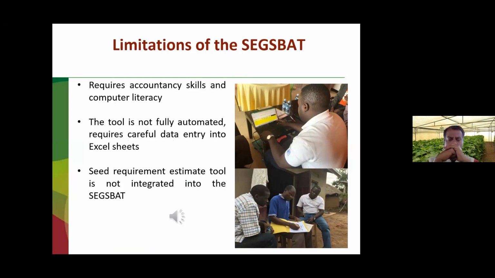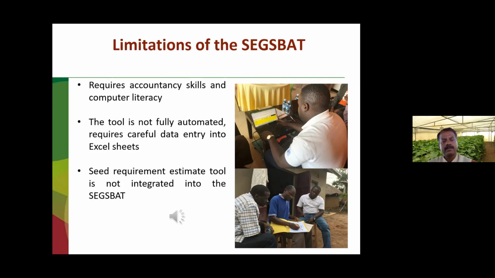Since it is version 1, the very beginning stage, it requires a lot of accountancy skill to handle this tool. And the tool heavily utilizes Microsoft Excel, so it is not automated. One must know how to use an Excel sheet in order to handle this particular tool.